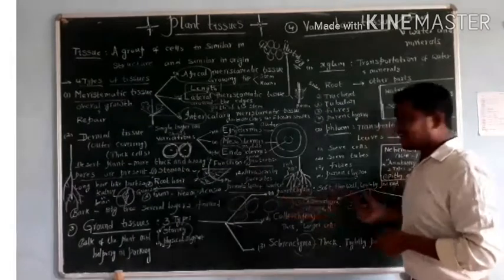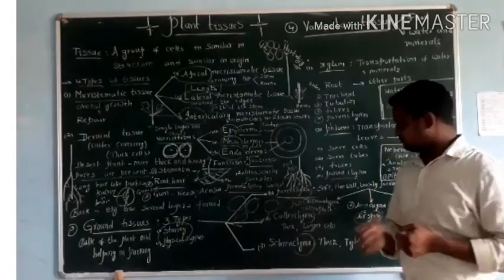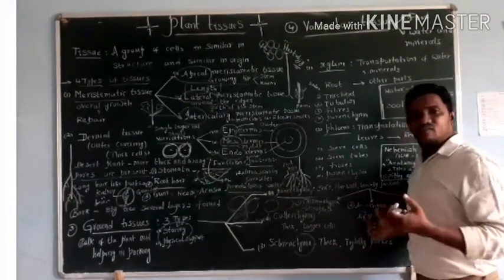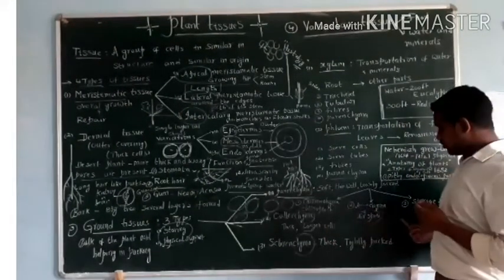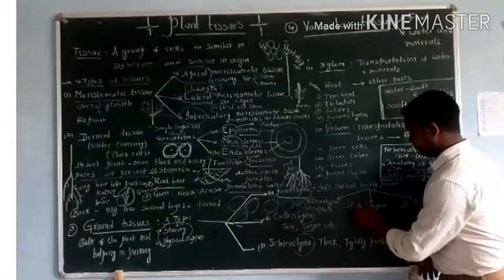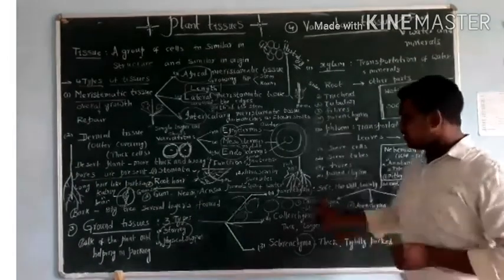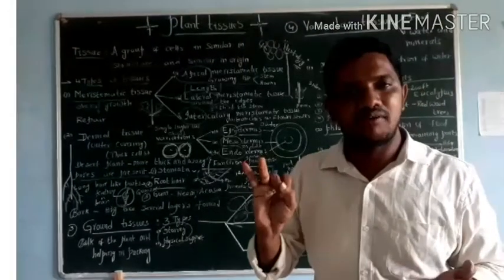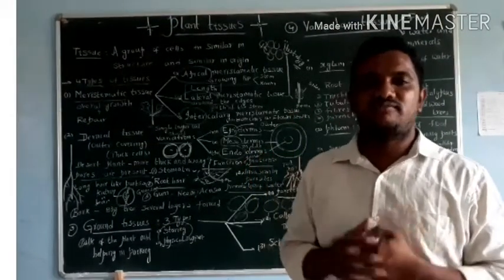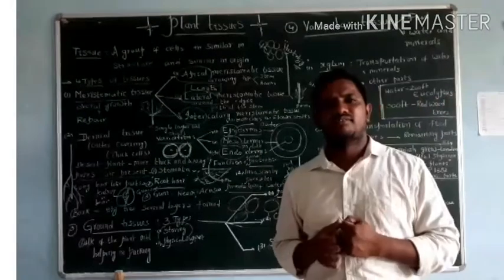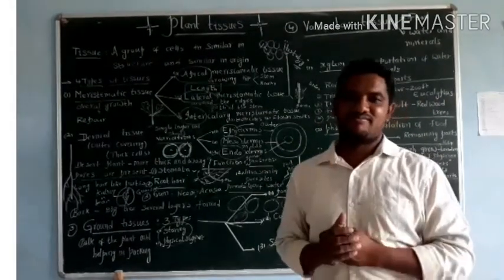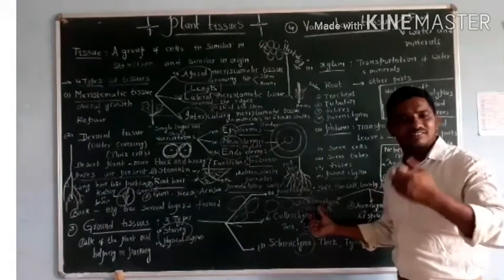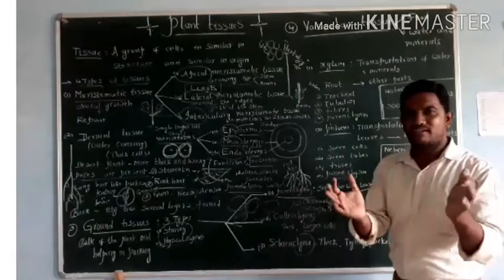Again, parenchyma is classified into three categories. First one, chlorenchyma. Second one, aerenchyma. Third one, storage tissue. First one is chlorenchyma. These cells are soft, thin-walled and loosely packed, but they contain chlorophyll pigments and chloroplasts, which perform photosynthesis.